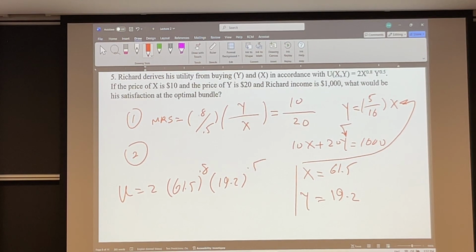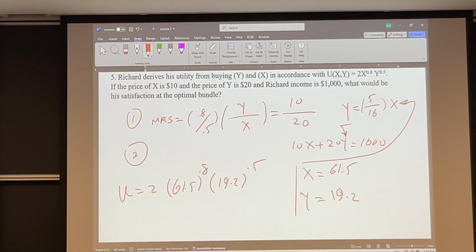See, you don't have to think about it, it always works, right? If you have class number 1 functions, with a straight line budget line, it is always the same. Where's the 5 over 16? That's 5, that's 16. I cross multiply.